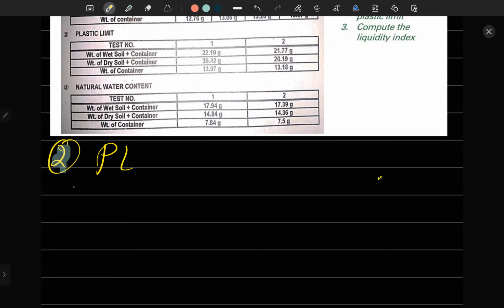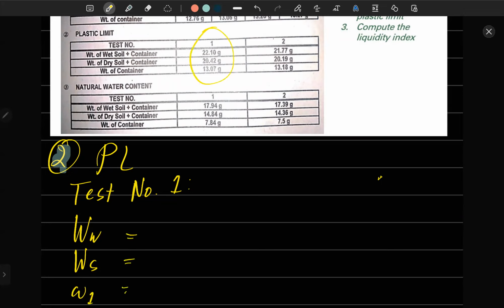So let's try to solve for test 1. Test number 1. What we need here is the weight of the water, the weight of the soil solids, and the moisture content 1. From the table here, we have 22.10 minus 20.42.